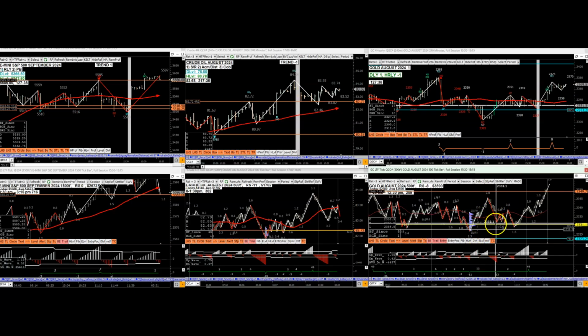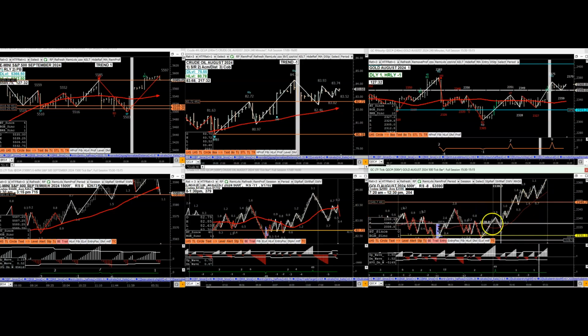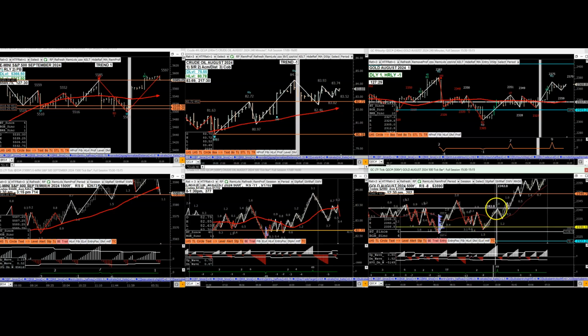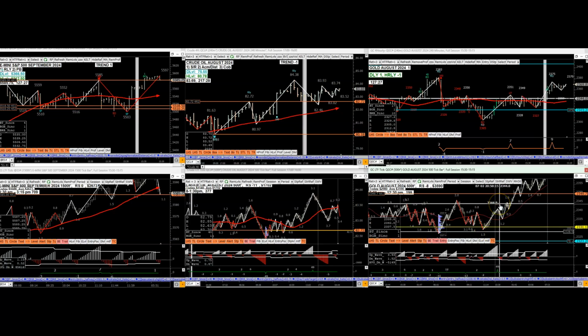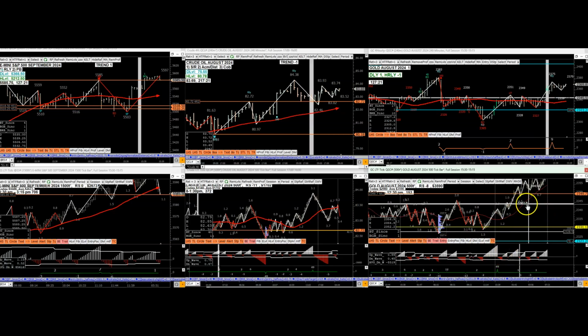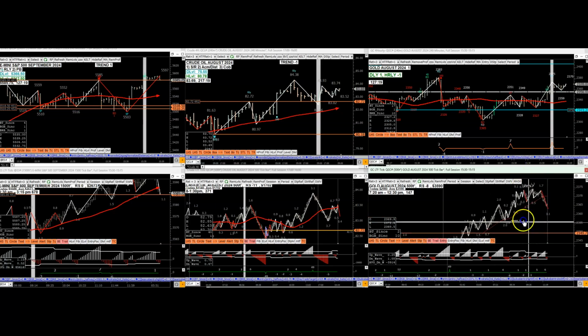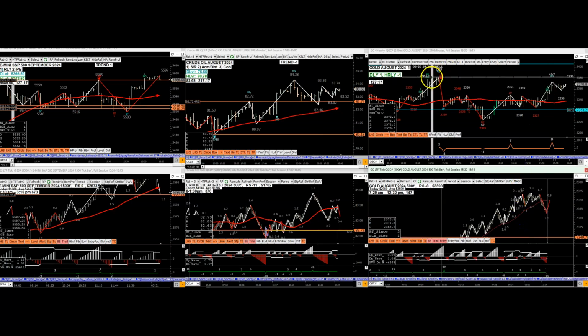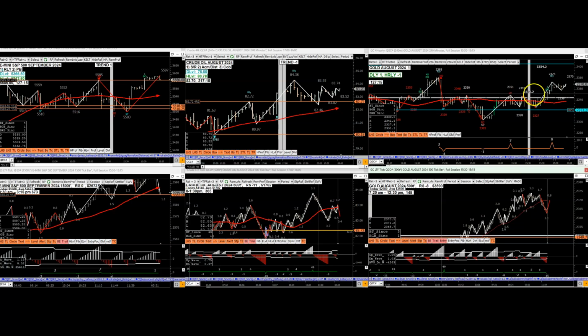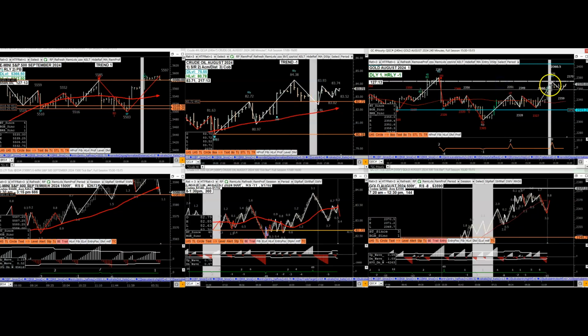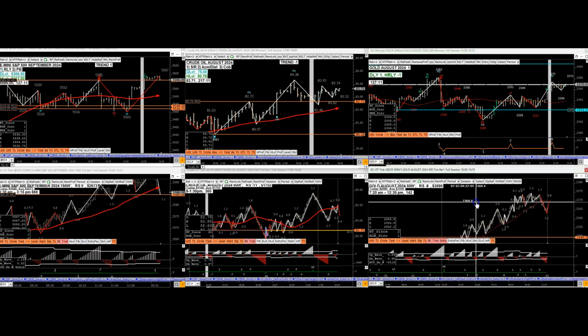So now it's just a pullback, retest, test, and go, boom. And the way it responded here, biggest in 49 plus waves, 3.9 times average up volume, took out this high and rallied.